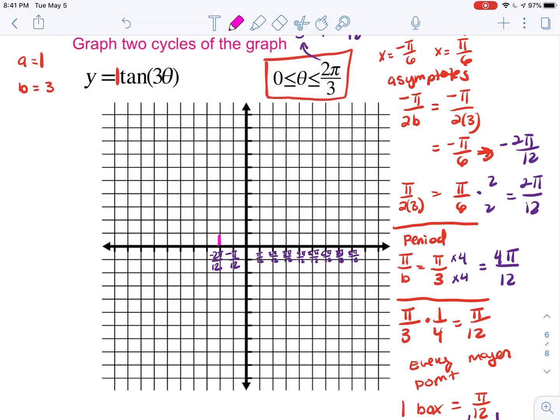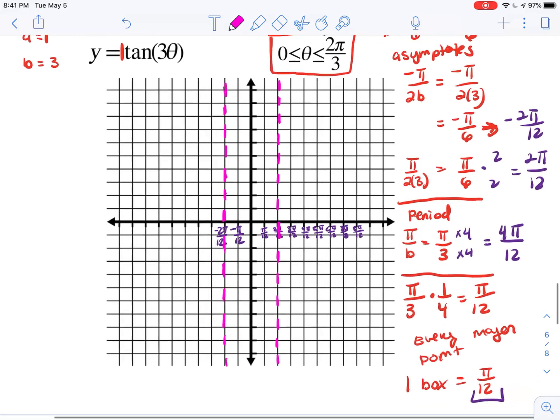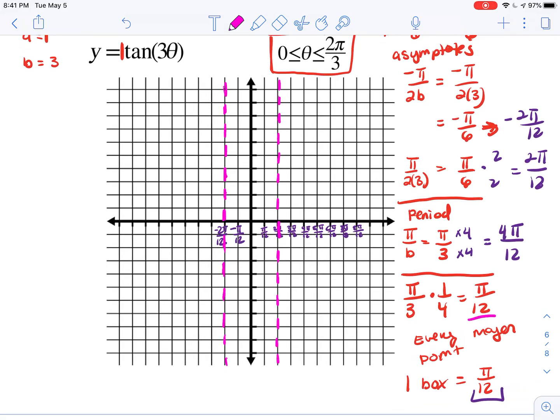At negative pi over 6, I'm going to use a different color, which is the same as negative 2 pi over 12. So that's here, asymptote. And positive 2 pi over 12. That's my other asymptote. Okay, so my graph should be within these points.